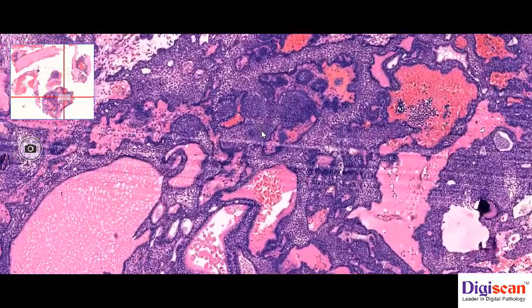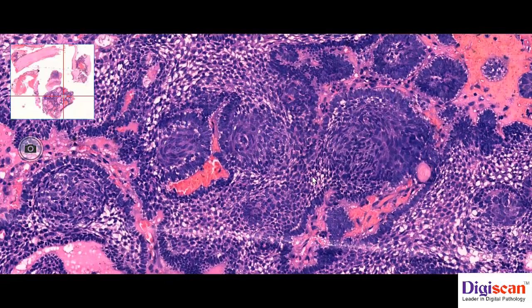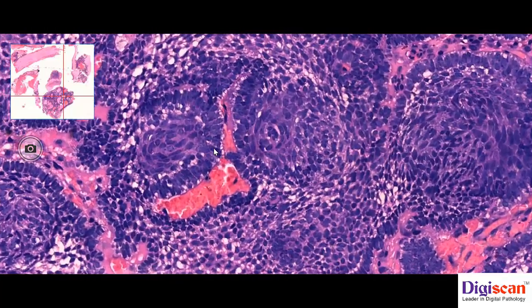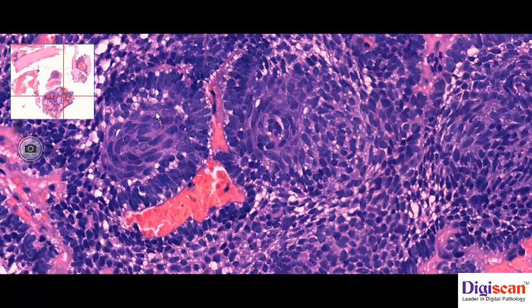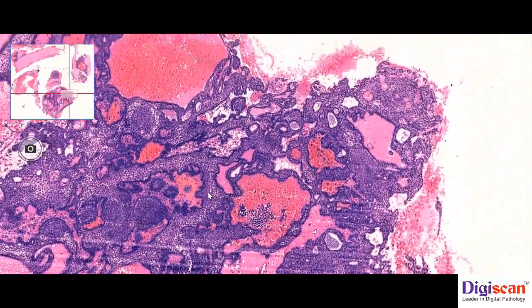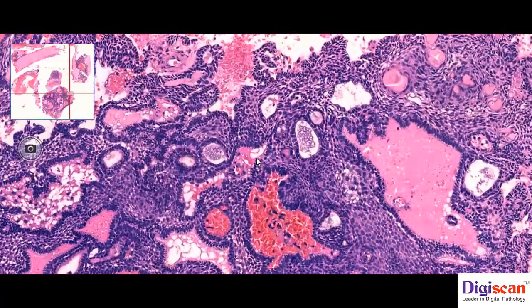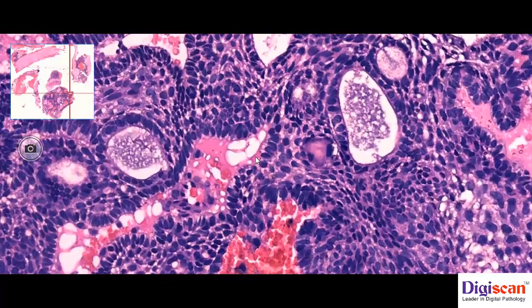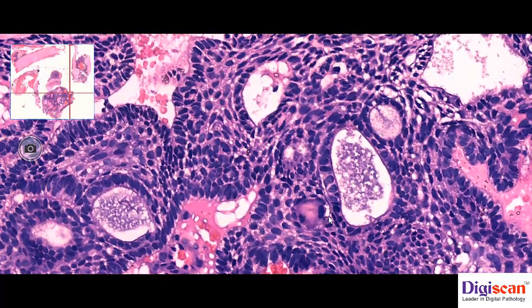Then there are some areas where there appears as if there is some amount of whirling of the cells. Here we see that there is an attempt at whorl formation. And if we go to this area, we find that there is a glandular differentiation. Here we see tubular structures which are lined by cells.